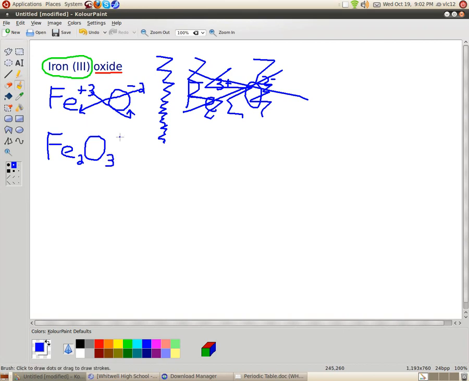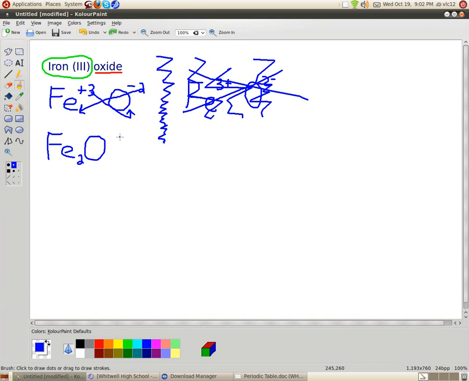And that is iron 3 oxide's formula. Now how nice is that? Very straightforward. We've got this down pat. It's great, like I said, when you have the names right in front of you like this. But sometimes some students still get confused even with the name right in front of them.